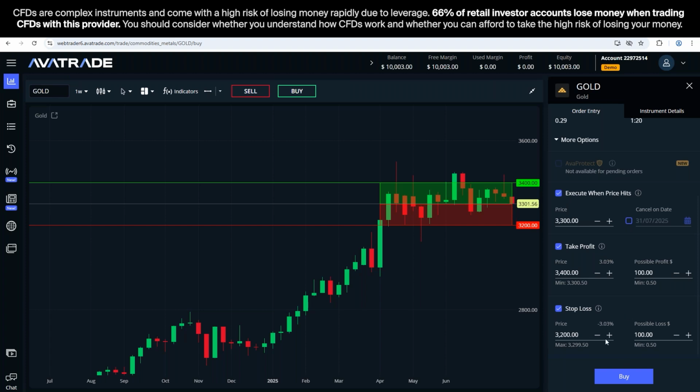Okay, but in this scenario, everything is automated. My entry is automated, so it will open the position if it reaches 3,300. The take profit is automated to close it with the profit if it gets to 3,400. And 3,200 is where we targeted the stop loss. So if it gets to that level, it's just going to close the position with a loss.